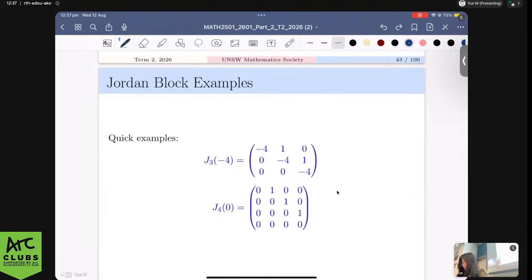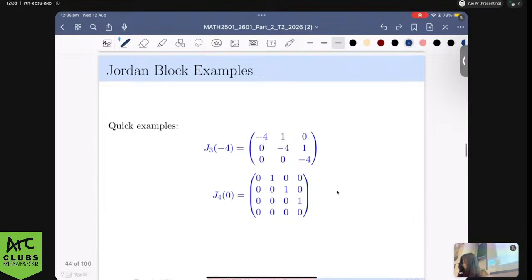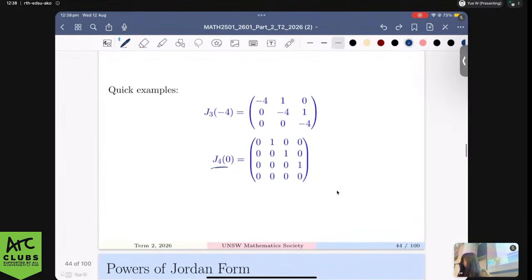Because it's of -4, the diagonal entries are -4, and then you put 1s above each -4. Same thing here, J4 of 0, except now your eigenvalues are 0, so you put the zeros on the diagonal entries, and you put 1s above each corresponding 0.